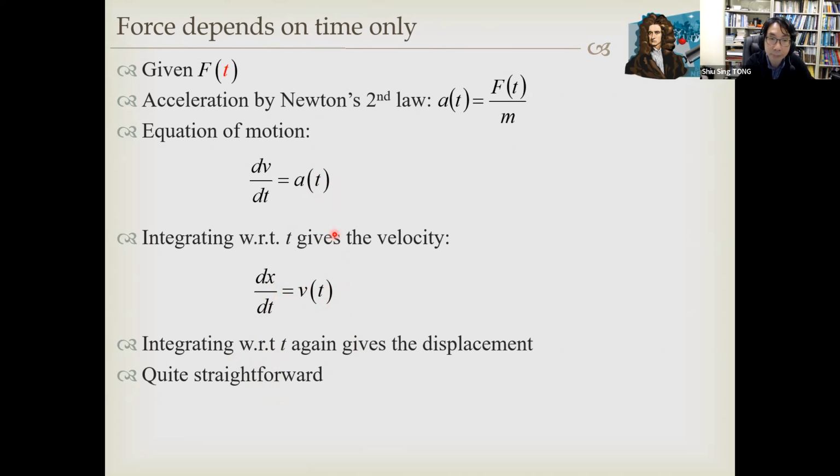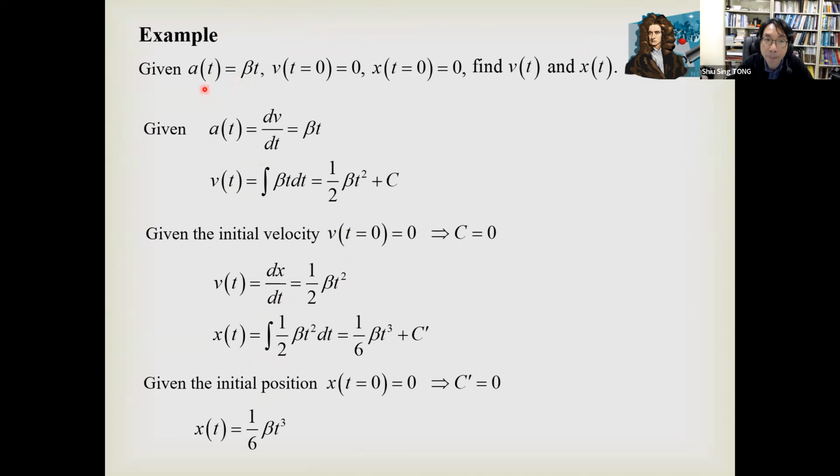Now let's have a simple example. Suppose the acceleration is linearly increasing with t. It goes as beta t, where beta is a constant. Initially, the velocity is 0, and initially the particle is at the origin. So the first equation is a equal to dv/dt, but a is beta t.